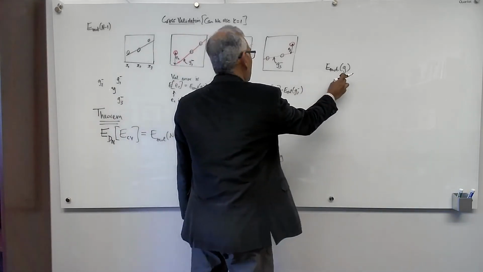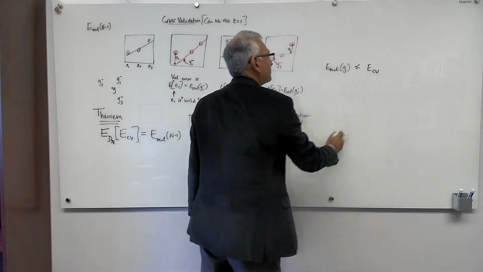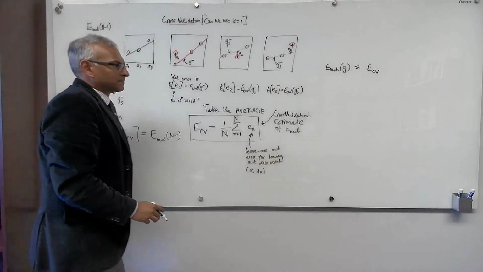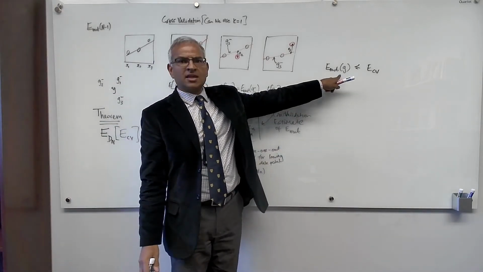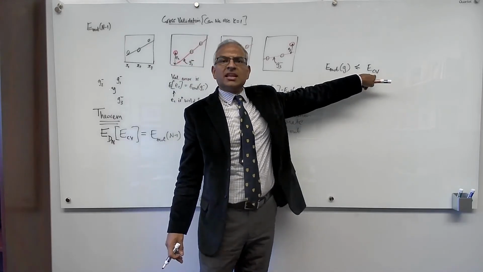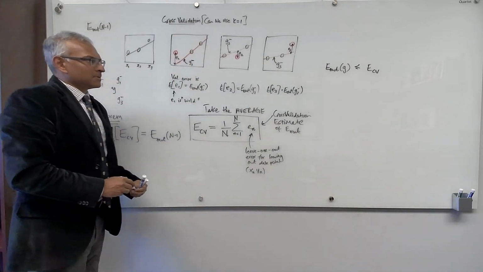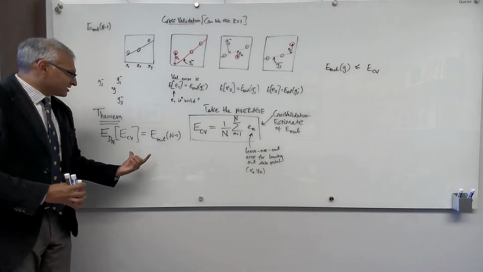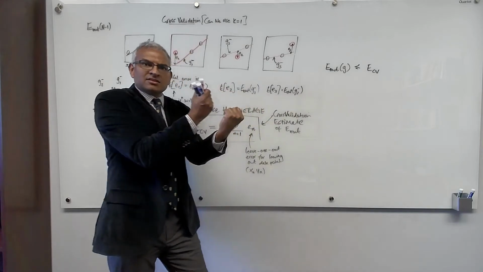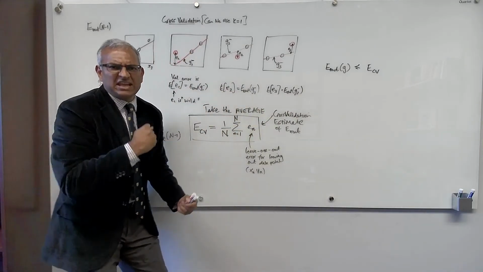Typically, E out of G will be less than or equal to ECV, because E out of G is the error after having learned on n data points, while ECV is an estimate of the error having learned on n minus 1 data points. And it's a pretty good estimate of E out of G because these deficient hypotheses only differ from G by just one data point.